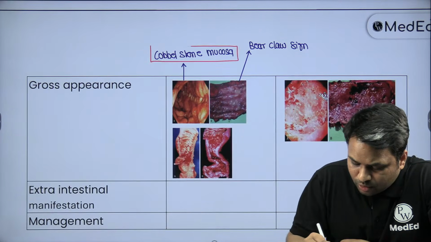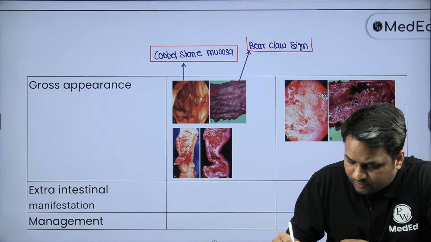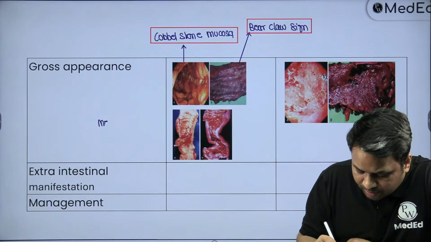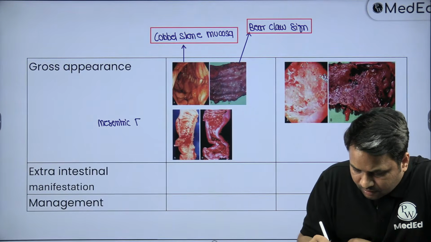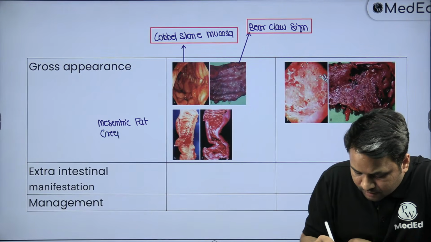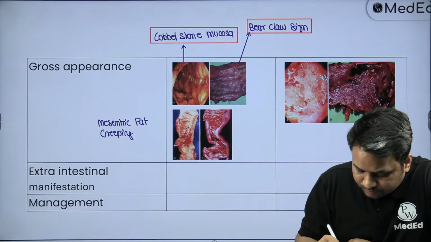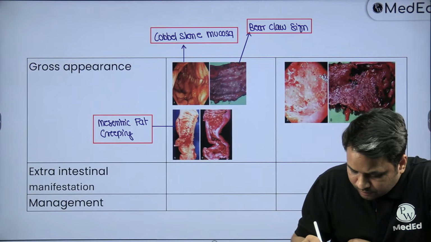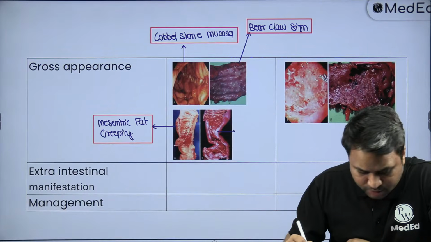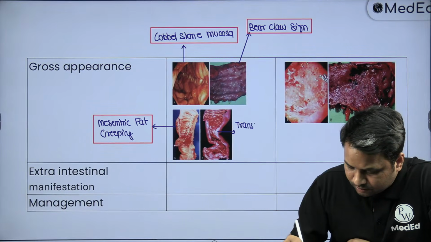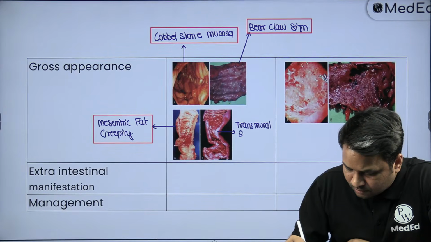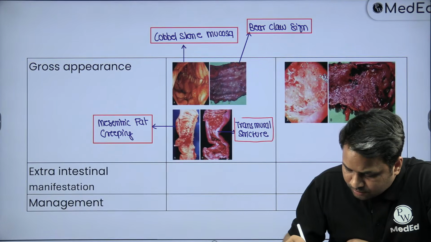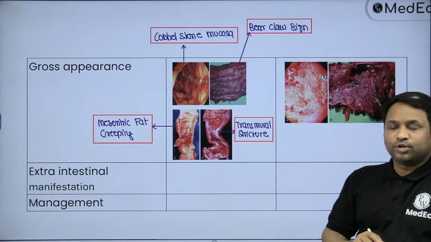So you have the cobblestone mucosa and the bear claw sign. Other things that you'll see are mesenteric fat creeping and the transmural stricture.